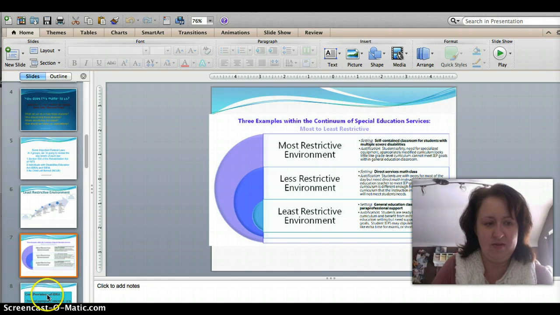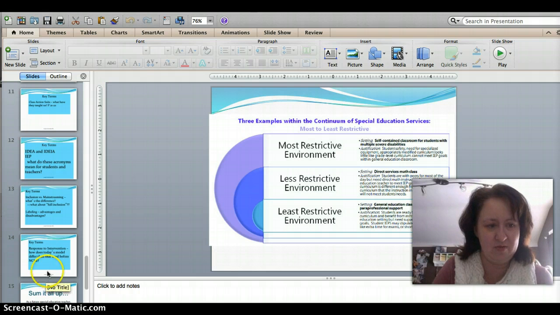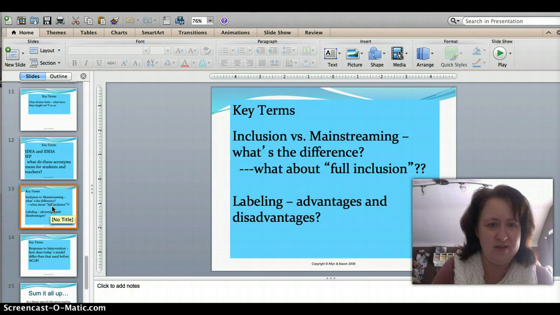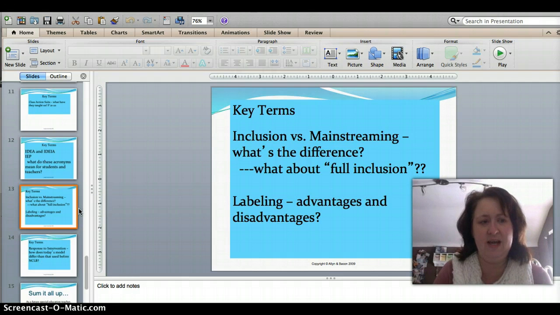I'm going to scroll down a little further within the PowerPoint for Chapter 1 and look at slide 13. The other terms we've talked about a little in class, IDEA and IEPs, we will talk about in greater detail later. But we haven't talked a lot about the differences between inclusion and mainstreaming. We did talk about labeling a little in our small groups at the very end of class on Thursday, and we'll continue to talk about the advantages and disadvantages of labeling, especially as it pertains to how a student is perceived by other teachers, by other students, by themselves, and in the community.